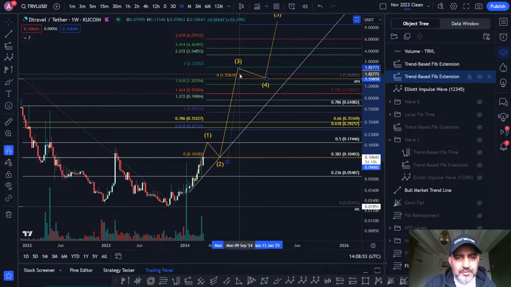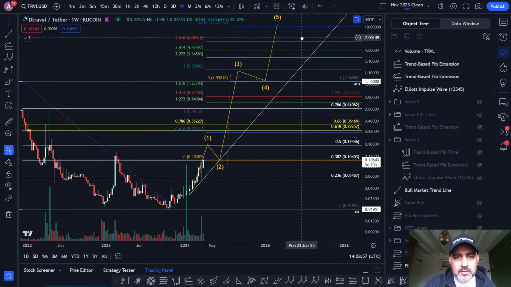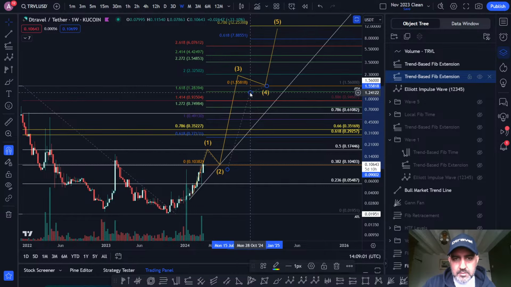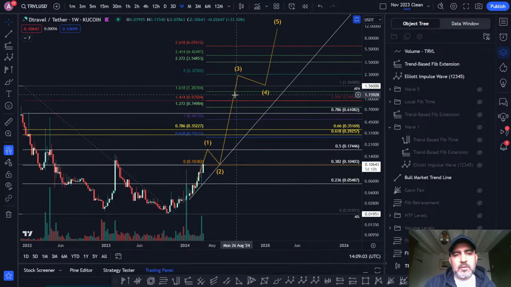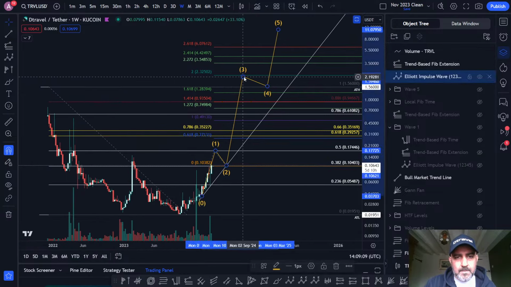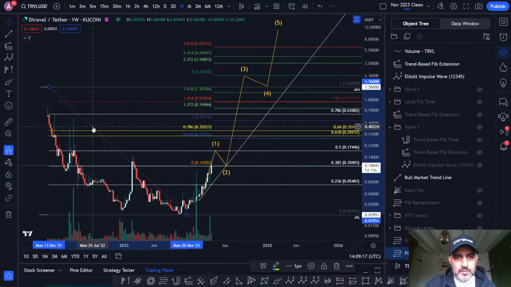Who knows how far 3 is going to go, but I do think that if you go into the all-time high, you might as well just go higher. I don't think all-time high is going to necessarily hold the price.